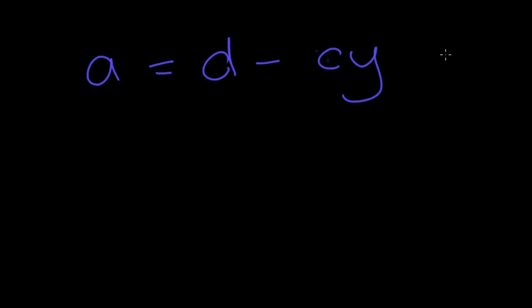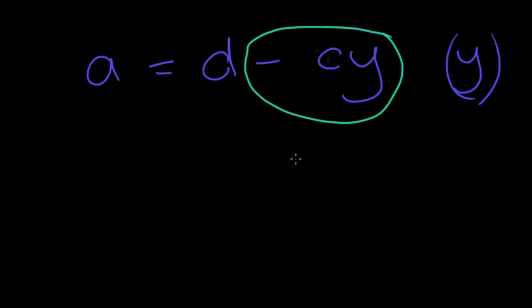And let's say, for example, we want to make y the subject. This is a much more challenging question. Now, at the moment, you'll notice that I've got a minus cy, a minus cy. And that's going to cause an issue. So what I like to do, I'm going to make this whole thing a positive first of all, because I want the y, whatever I'm dealing with, to be a positive value.